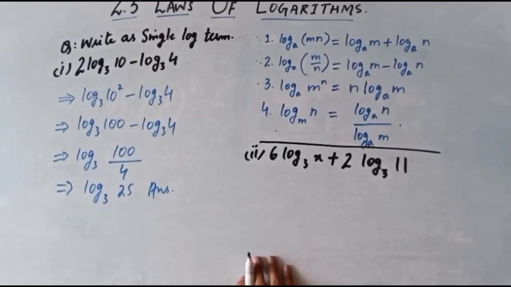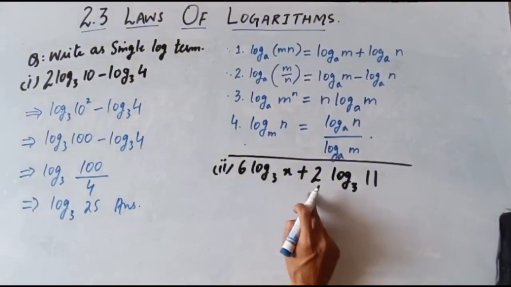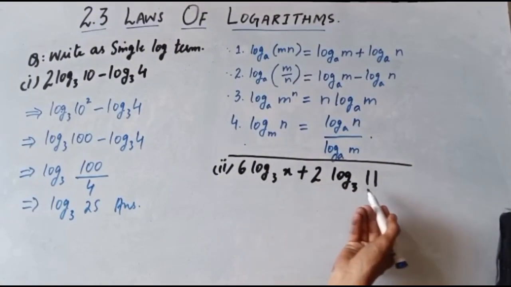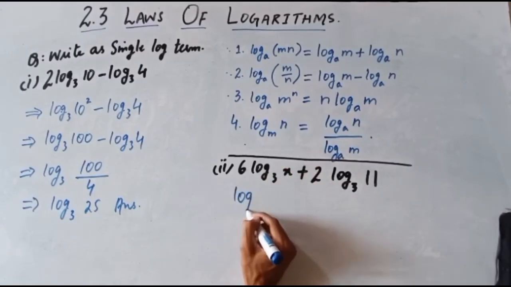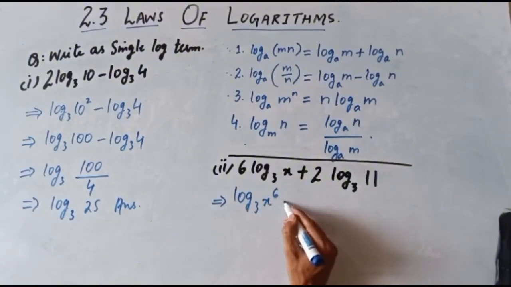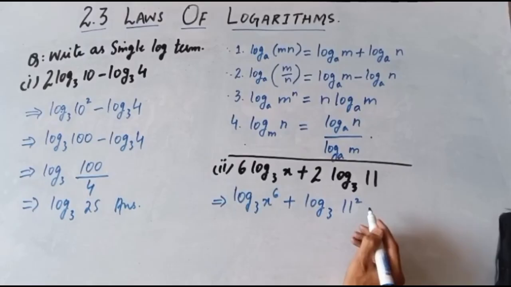Now over here we have another question, 6 log base 3x plus 2 log base 3 11. Again we have power with both the log terms, so we can apply it over here. Log base 3 x power 6, and over here log base 3 11 square.